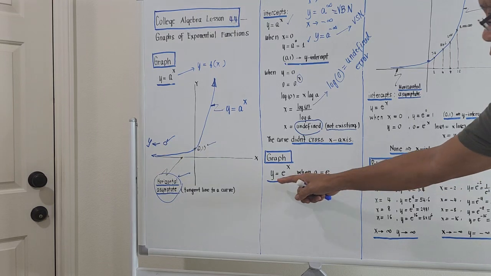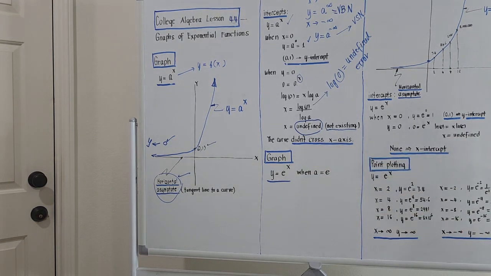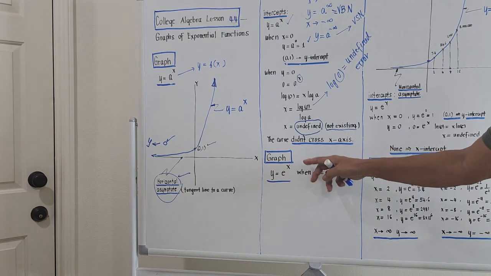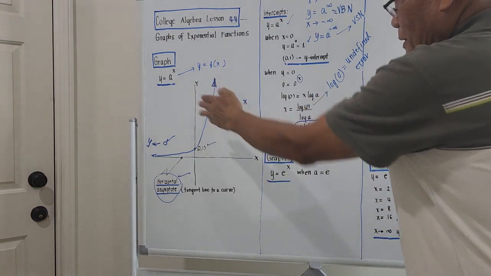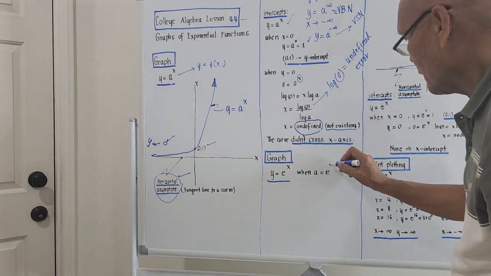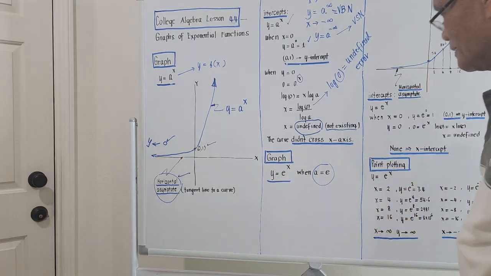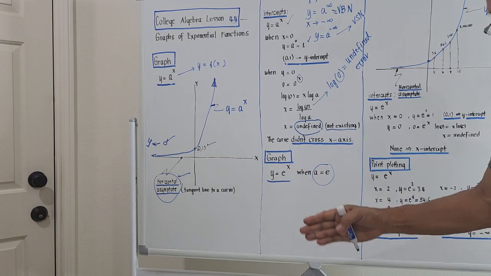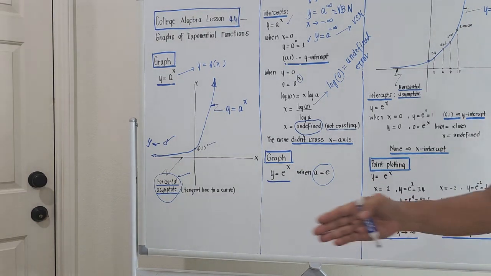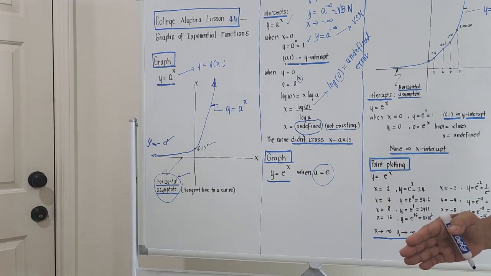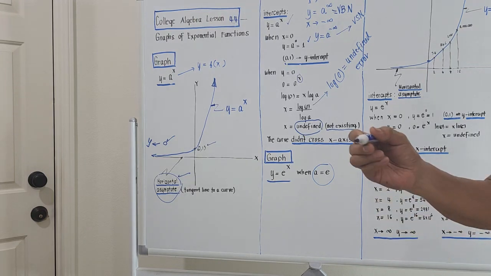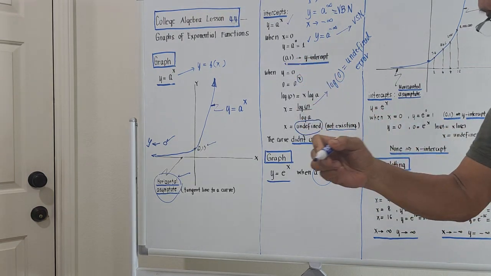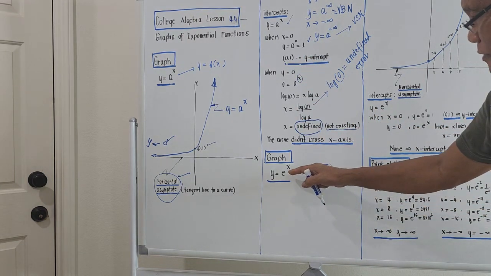Next one. The graph of y equal to e to the x. This should be a special case. Actually, the second one emanates from the first one, that is, when the value of a is equal to e. This e has significance for those who are studying electrical engineering, because in calculations for curves like this, we use e to the x.